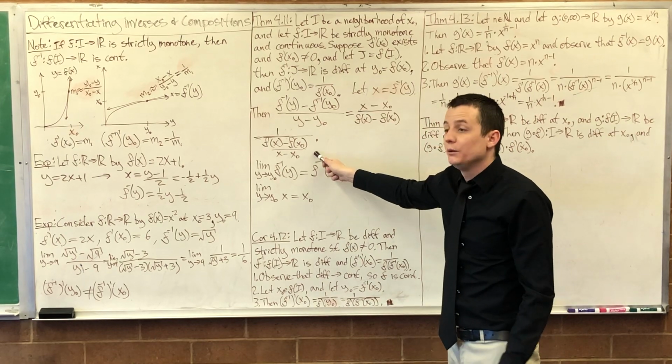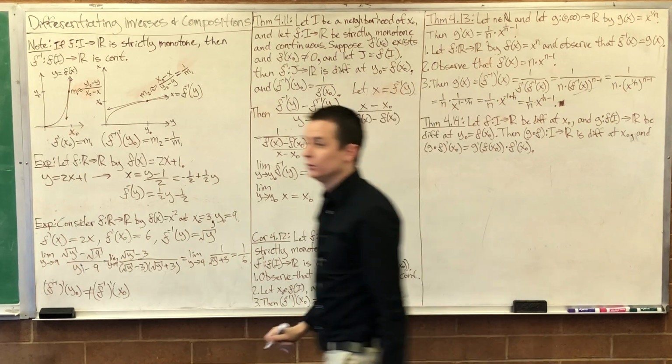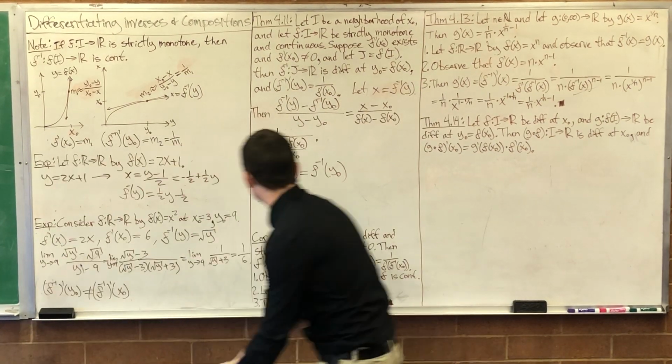Okay, so now we can take the limit of this as y goes to y naught, which is the same thing as the limit as x goes to x naught, which is going to give us 1 over f prime, right?